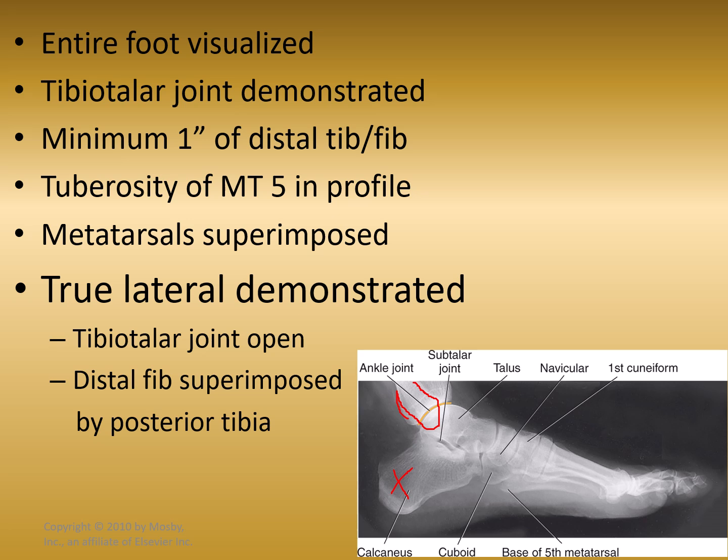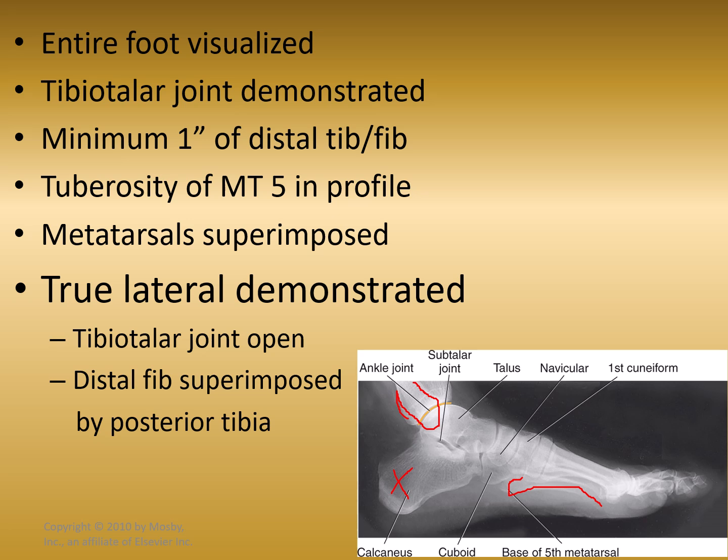We will be able to see the 5th metatarsal more inferior than the other metatarsals, but we will describe the metatarsals as being superimposed for a true lateral positioning, just keeping in mind that natural transverse arch will make that 5th metatarsal a little bit lower, and we'll be able to see it not completely superimposed with 1 through 4. So that's the 5th metatarsal that's down low here, and then the base of the 5th.